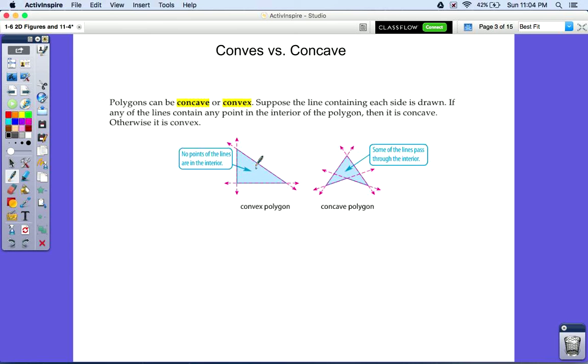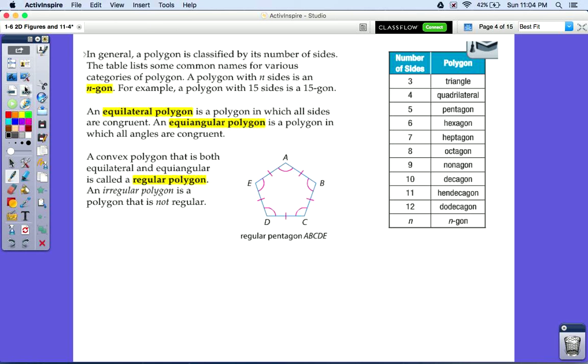If it does not intersect the inside, then it's going to be convex. So this is a concave figure, this is a convex figure. I like to think about concave as meaning that if you were to smash it, it would cave in on itself.